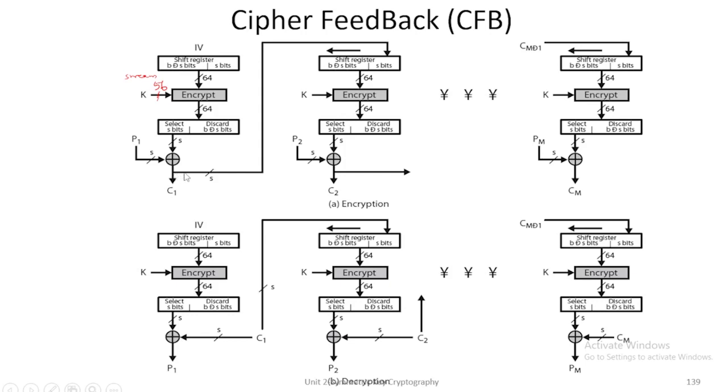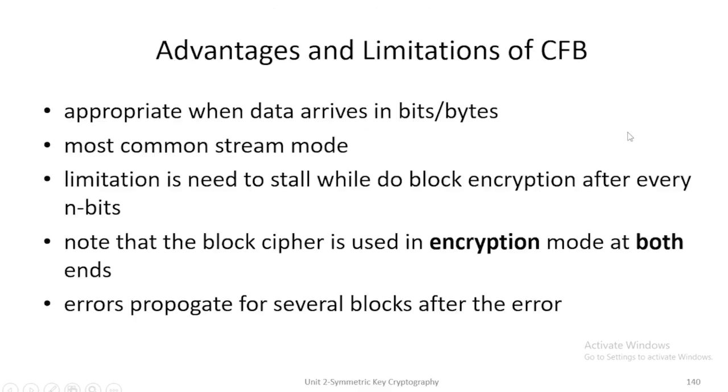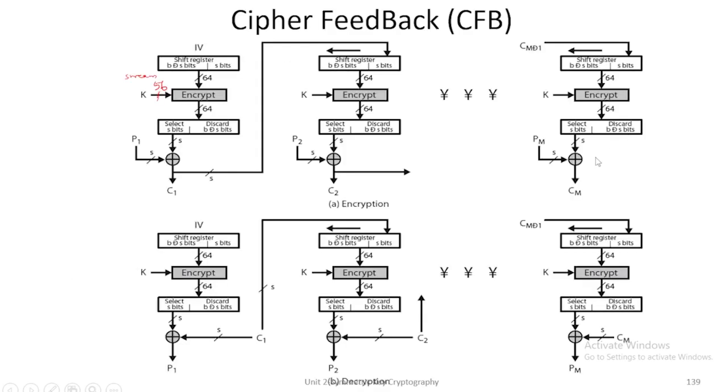So the output ciphertext value C1 is given to the input of the second block. So this is the encryption mechanism. The same diagram is drawn for decryption also: shift register, encrypt with 64-bit. You have the initial value and you do the XOR operation with the ciphertext value, and we retrieve the plaintext.